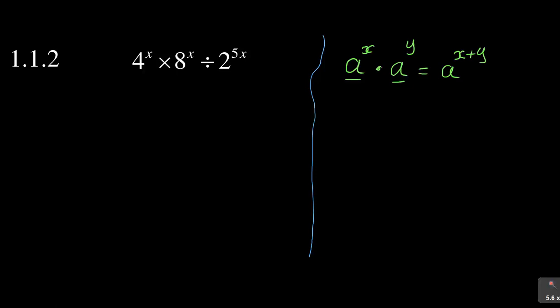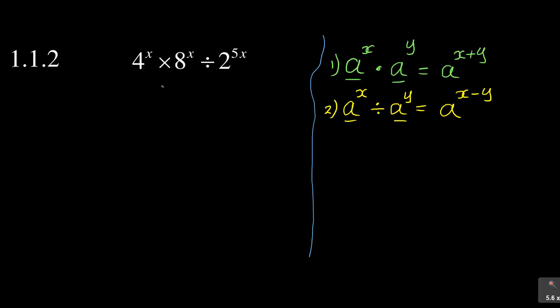And then you have the second law now, which says a to the power of x, now instead of times, you have divided by a to the power of y. Now when the bases are the same and there's a division sign, you subtract the exponents, which is a to the power of x minus y. So this is the first law as well as the second law of exponents. So you must remember these most important two laws.